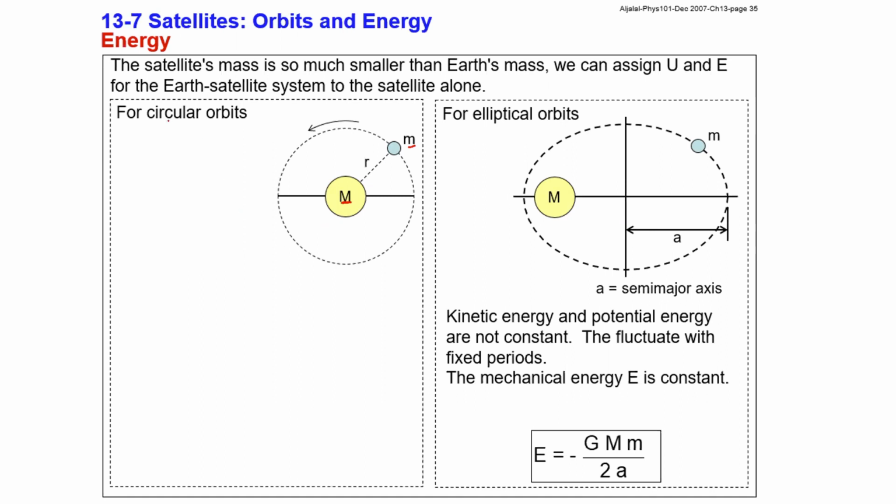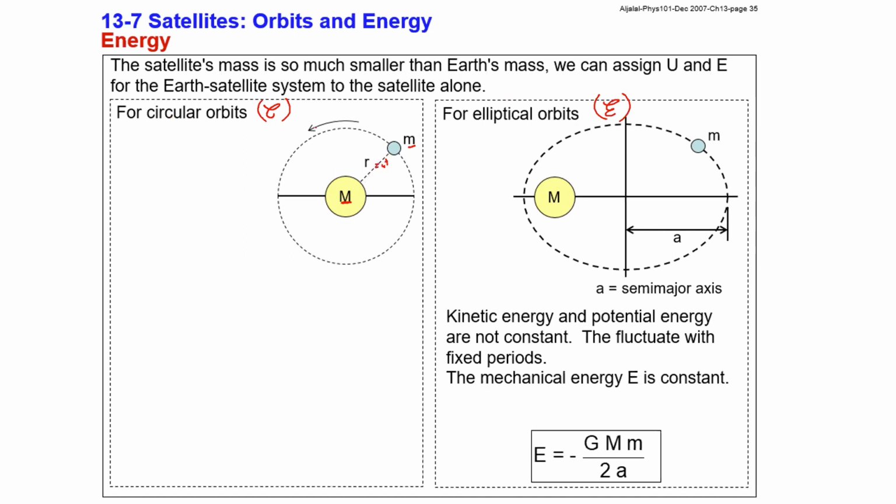I will do it for a circular orbit, C, and then generalize it to an ellipse, E. Let's start with a circular orbit. If I have a circular orbit, the distance between the centers of these two bodies is fixed, r is constant.